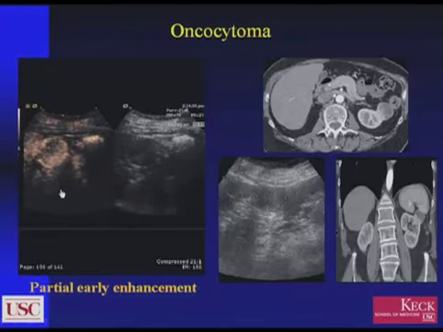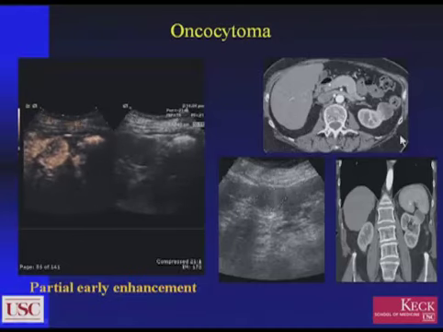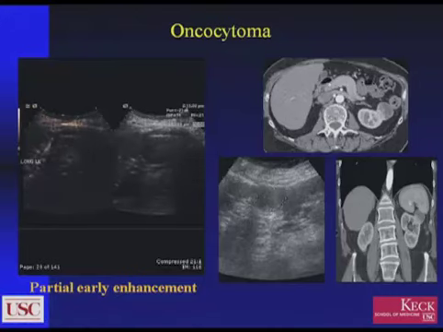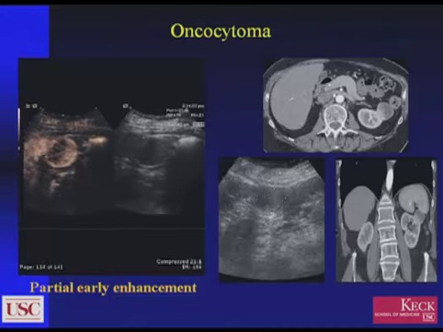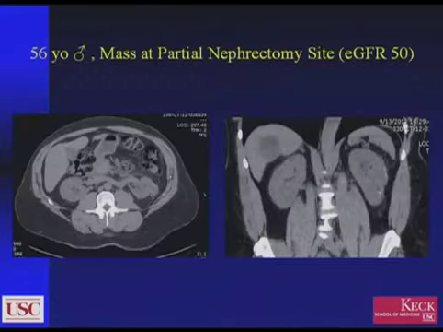And although, again, not specific, this is something that might suggest the presence of an oncocytoma, very similar to what is seen on the CT with contrast. In these kinds of patients, depending upon the clinician, they may want to simply remove them, but it would be potentially something upon which one could perform a biopsy and avoid surgery.